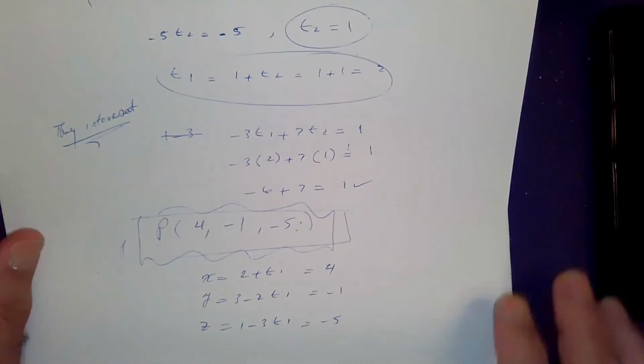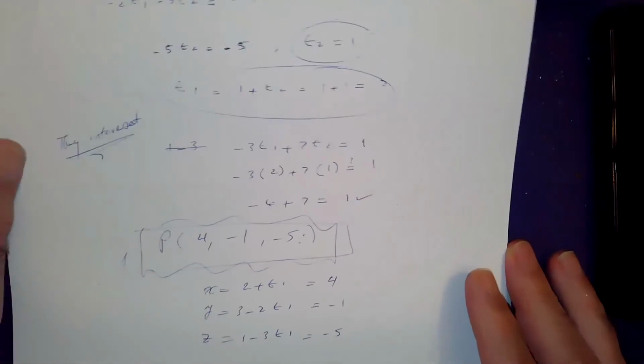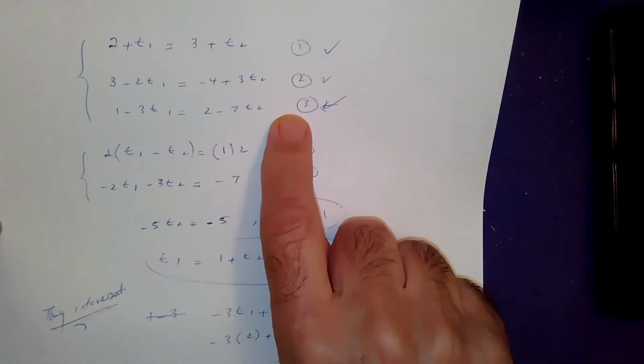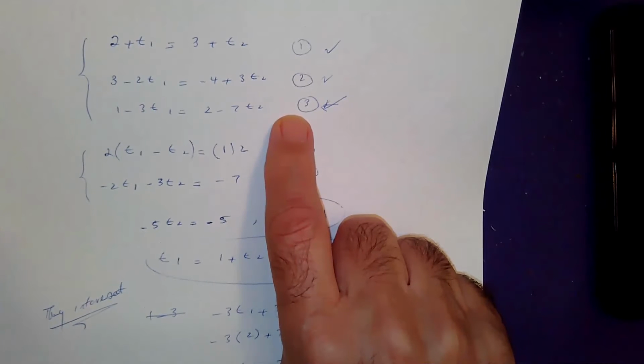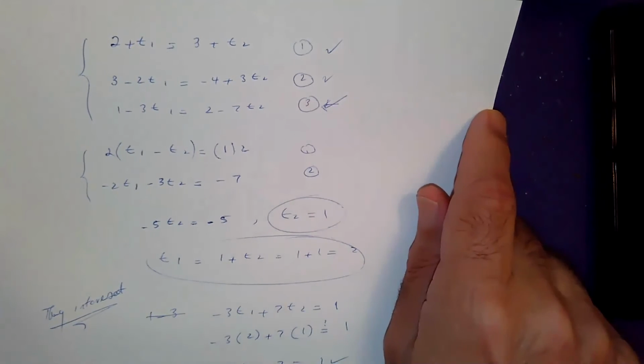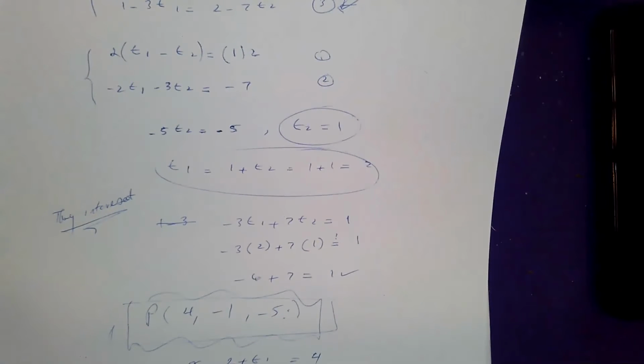However, if you did all this and your solution did not satisfy equation number 3, that means they don't intersect. They are not parallel, they don't intersect, so they must be skew. What does that mean? They are on different planes.